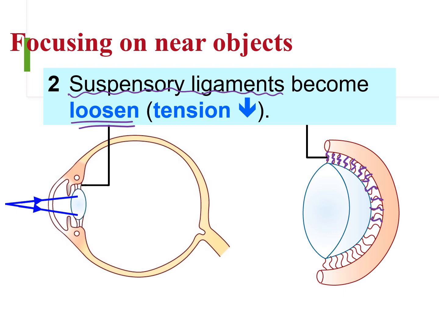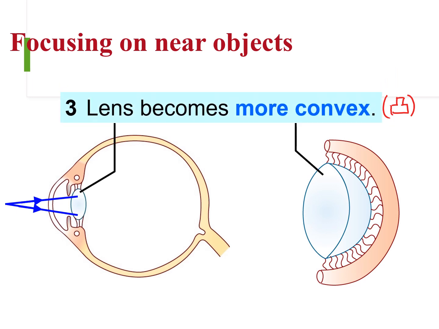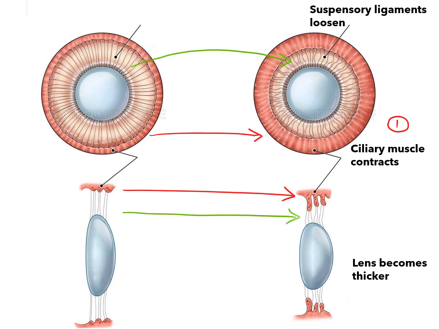They are not tight, they are very loose now. And this causes the lens to become more convex, or you can say thicker. When you are focusing on a near object, your ciliary muscles will first contract, and then your suspensory ligaments will be loosened, and your lens becomes thicker at the end.